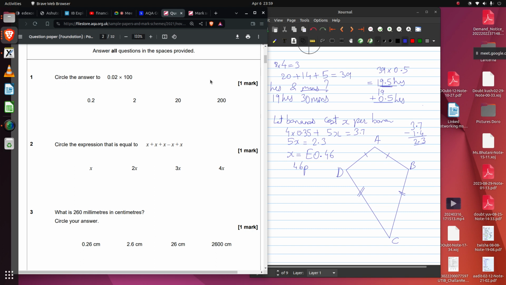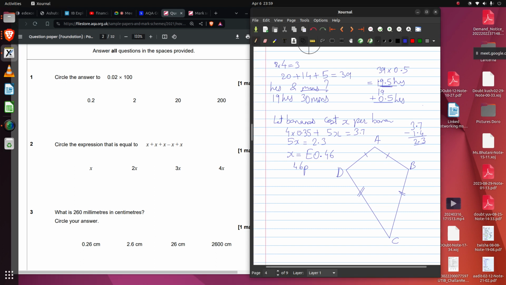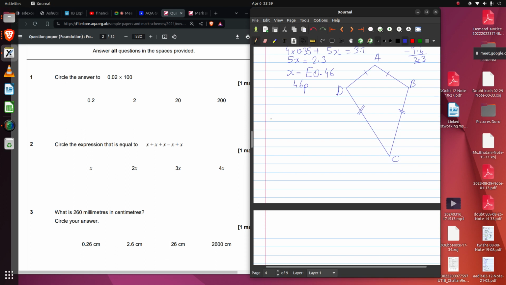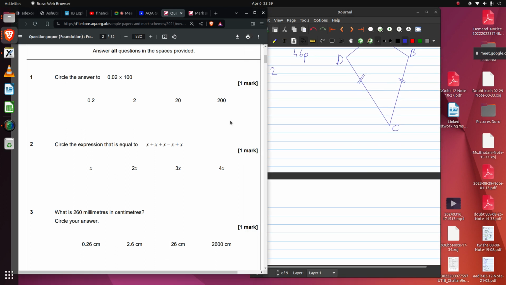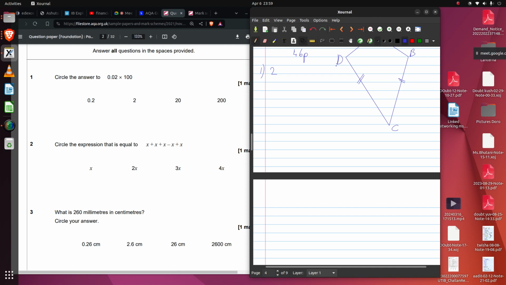Yes. Okay. So 0.02 times 100 is 2. And then circle the expression. 3x minus 2x. Why is it minus 2x? It is 3x and then minus x plus x, no?